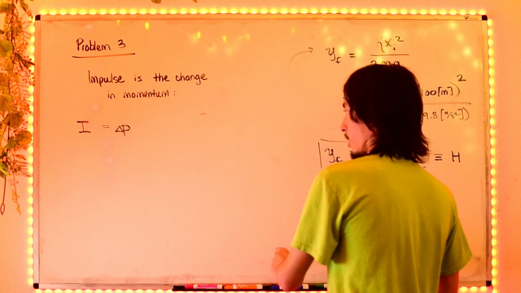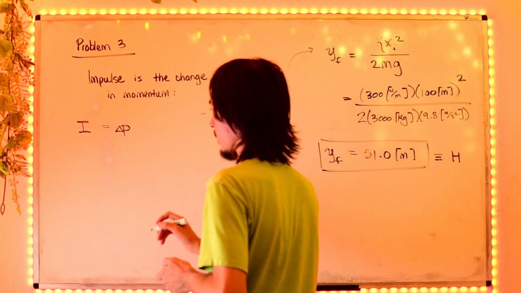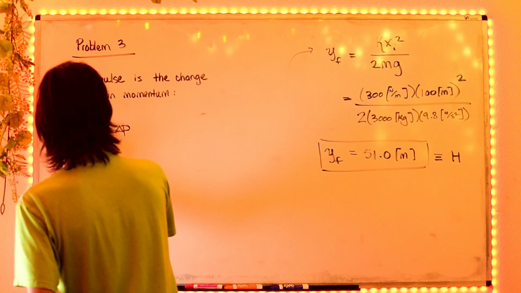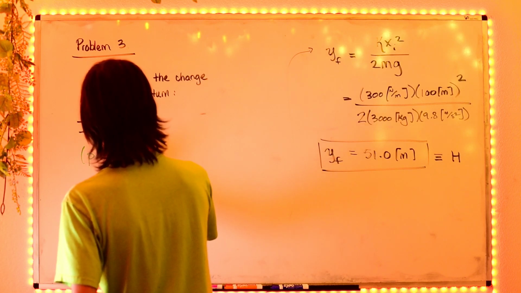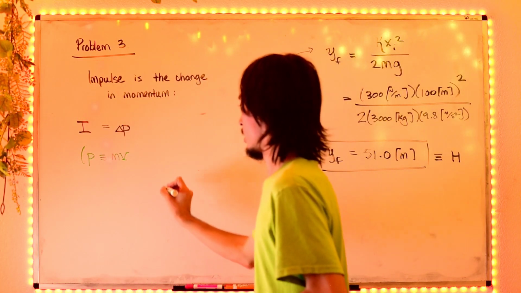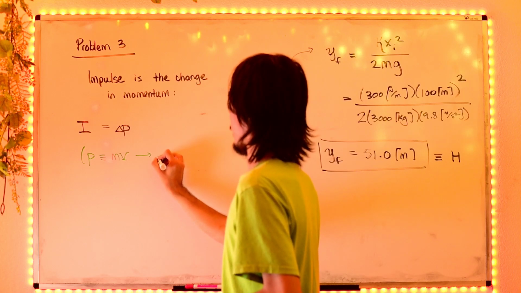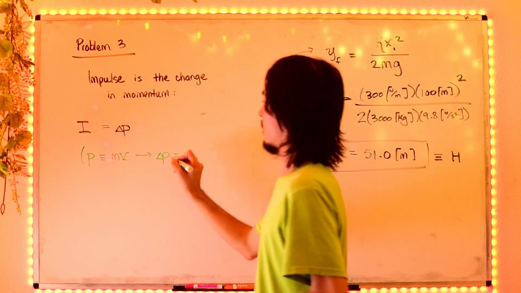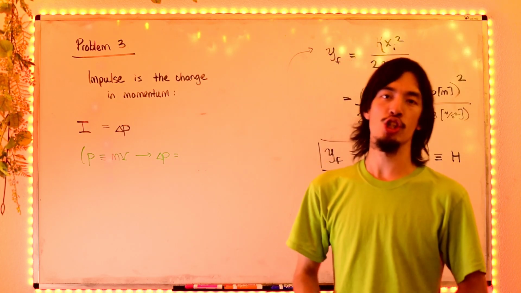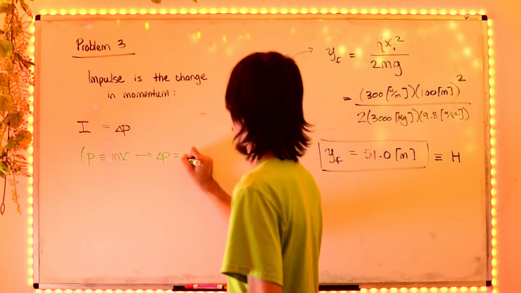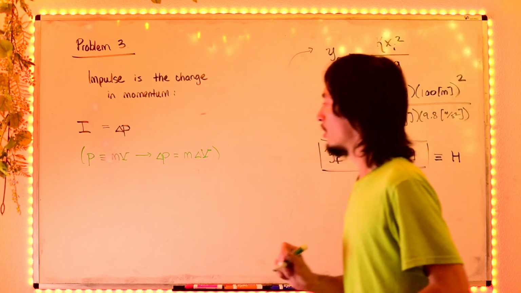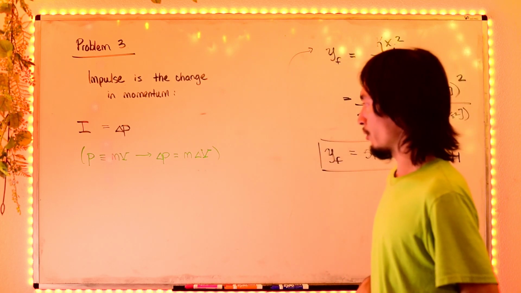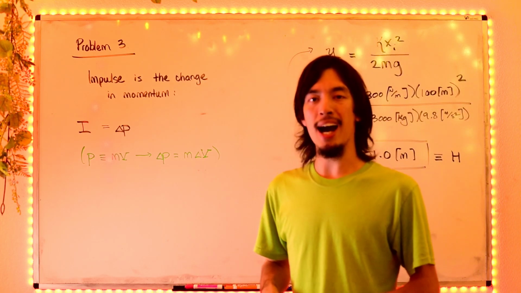So you can either go one of two routes. If I know that momentum by definition is mass times velocity, that tells me that the change in momentum is mass times the change in velocity, m delta v. That's one route I could possibly take.